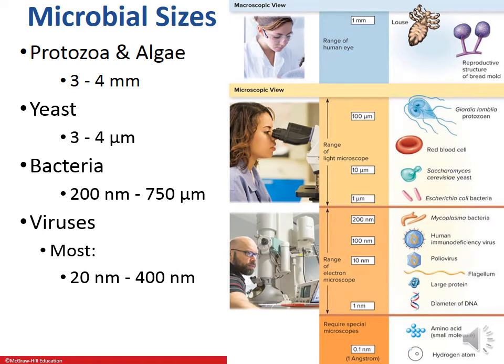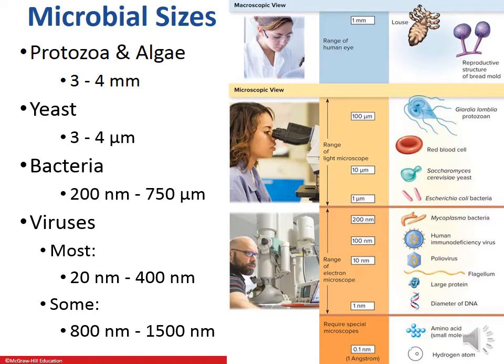Viruses, of course, are going to require electron microscopy because they're 1,000 times smaller in some cases. Most viruses fall in this range, but there are actually some that are really huge. In fact, there's one group they named the Mimivirus because they thought it mimicked bacteria; they originally thought they were bacteria because they were so large. But for the most part, viruses are very small and are only going to be seen with electron microscopes.